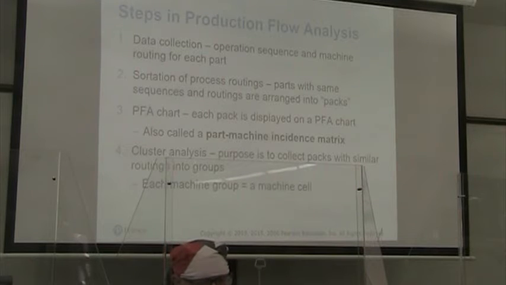So our steps in our production flow process, first of all, there's data collection. What is the operation sequence and the machine routing for each part? We're going to sort by those process routings, and if parts have the same sequences and routings, they're going to be arranged into packs.